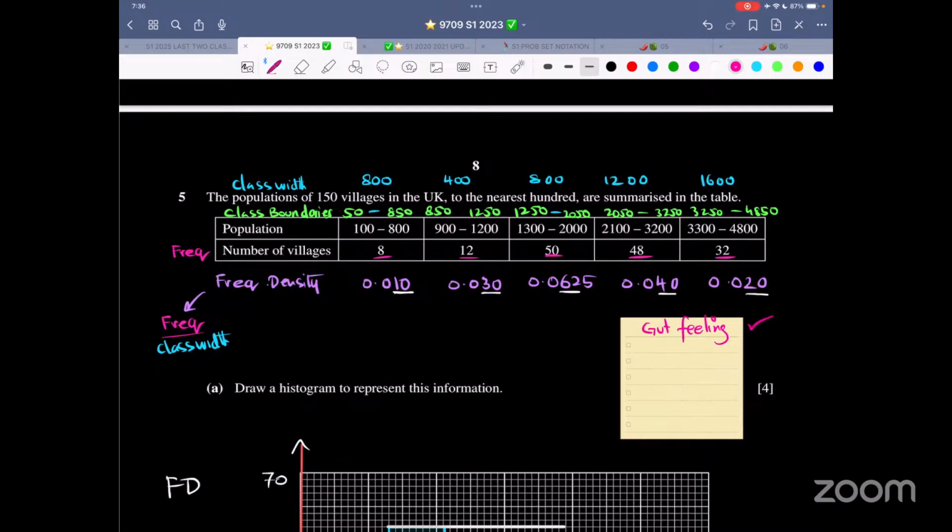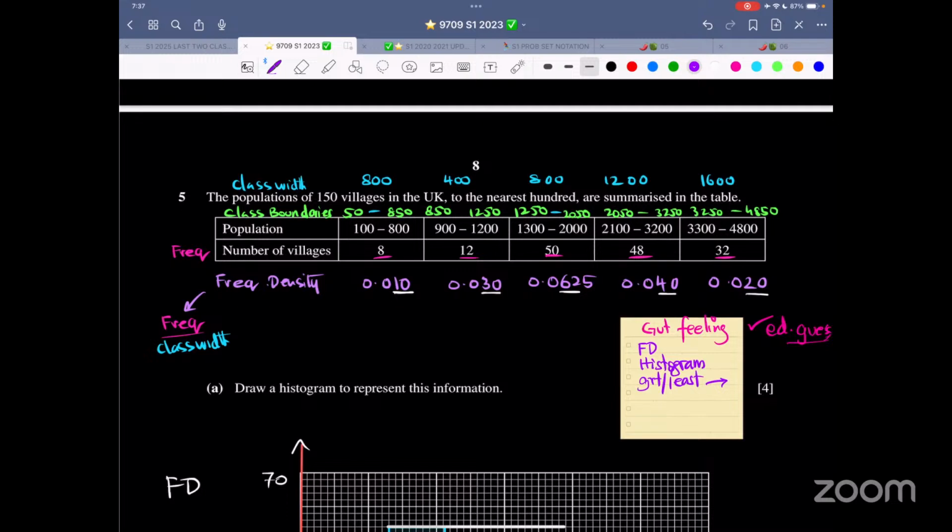I can say that as an educated guess. So consider this as a very nice question. This is about frequency density, this is about histogram, and this is about greatest and least value based upon something that will be coming up on the next page.